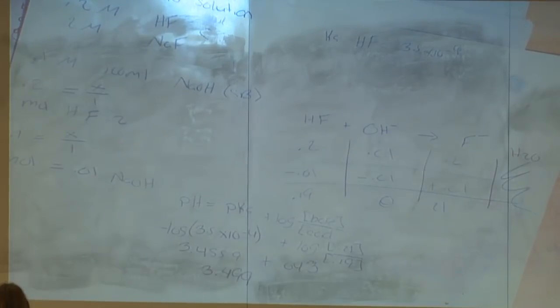All right, anything else you guys want to go over? So it's 3.499. Okay. I don't think so. I really need to review the buffer solutions and everything because I'm scared for this final.